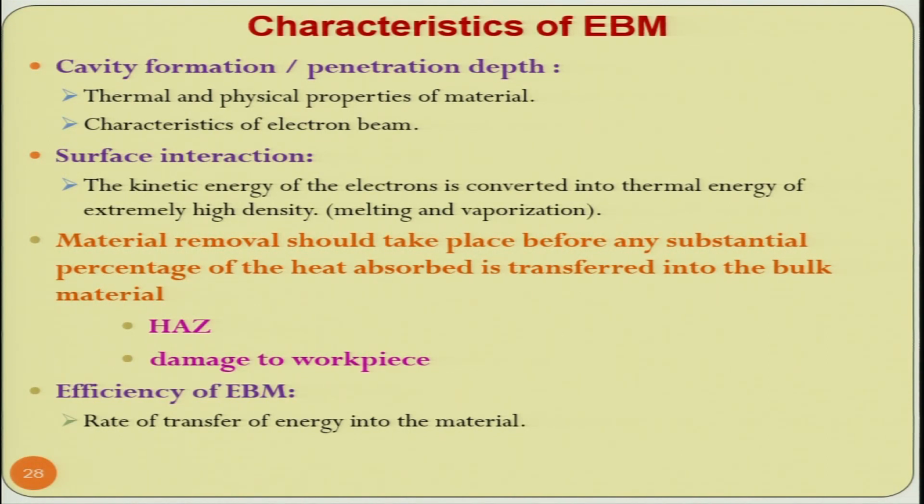Then one of the important characteristics of the process is efficiency of the EBM, electron beam machining, and rate of transfer of energy into the workpiece material also is an important parameter which decides the efficiency of the EBM process, and rate of removal of molten vaporized material is very important aspect of the EBMM, electron beam micromachining, because material may melt and it may get redeposited if it is not removed by vaporization or otherwise, so that the efficiency will go down if it is getting redeposited, resolidified and then redeposited on the machined workpiece surface.